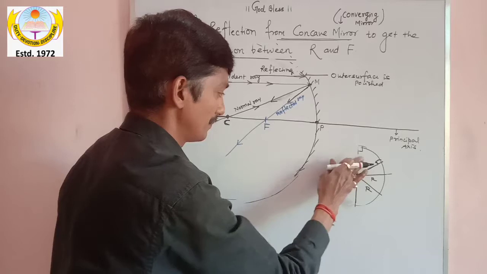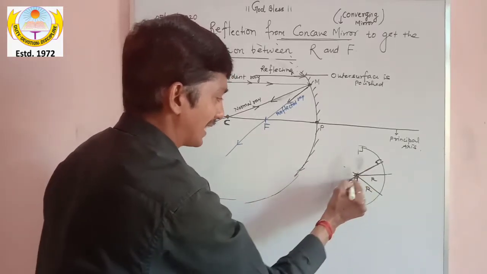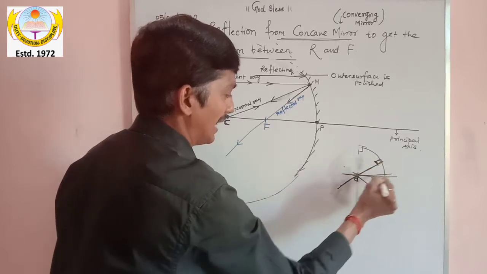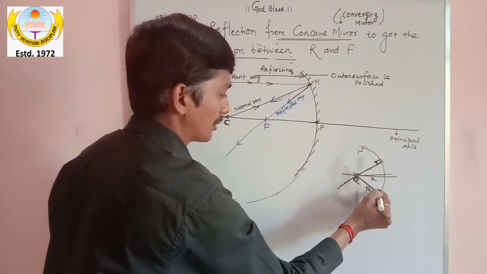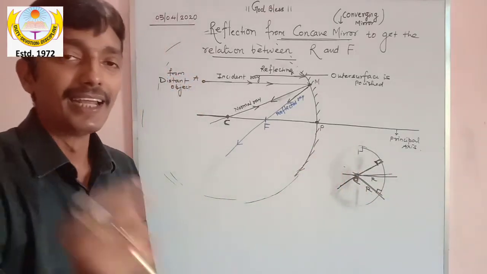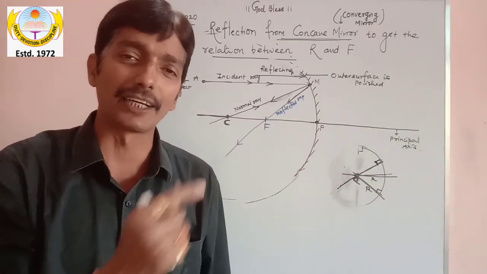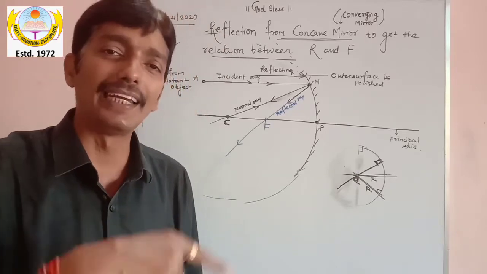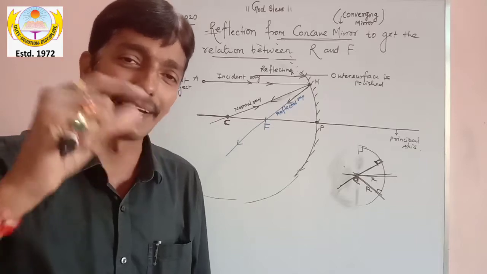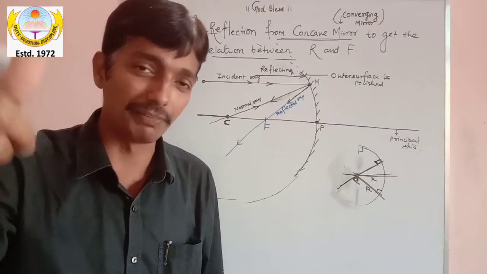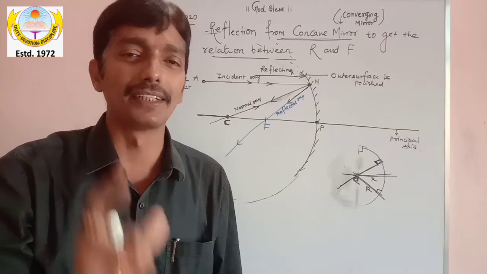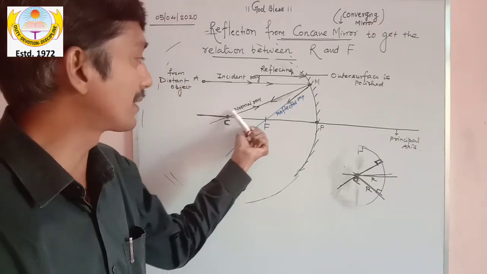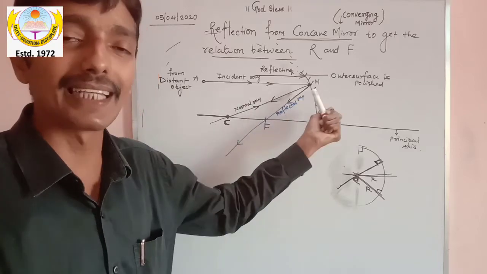And hence I can say the line passing through the center of curvature will fall normally on the mirror. Any line you can see in my diagram passing through the center of curvature falls normally on the mirror, and the reason is that the center of curvature which we marked here is actually the center of the sphere, and if I draw any line passing through the center, it becomes a radius to the sphere, to the surface, and that radius becomes a normal. And therefore, remember this, a line passing through the center of curvature always acts as the normal.